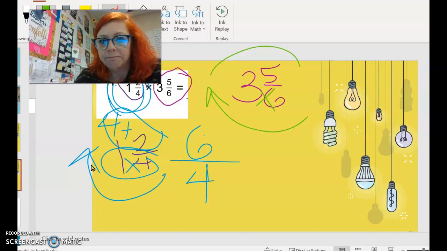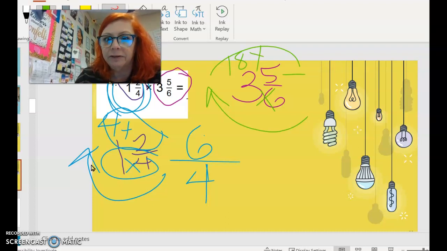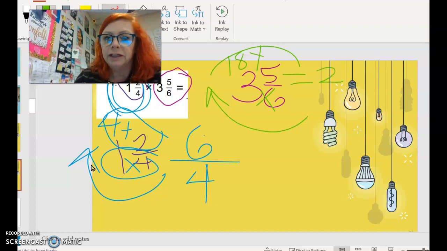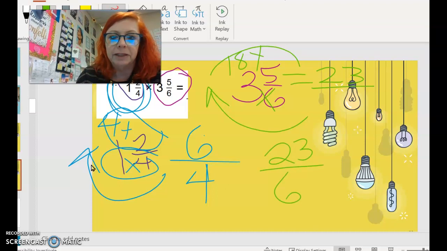What is that? Or 3 times 6. 18 plus this 5. 18, 19, 20, 21, 22, 23, and that will be over what? 6, right, because it's 6 here, okay?